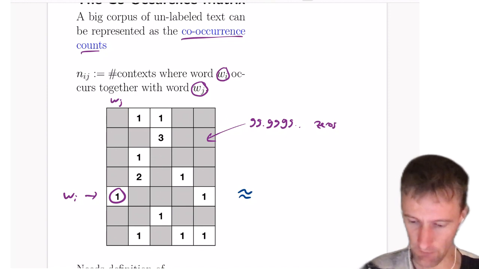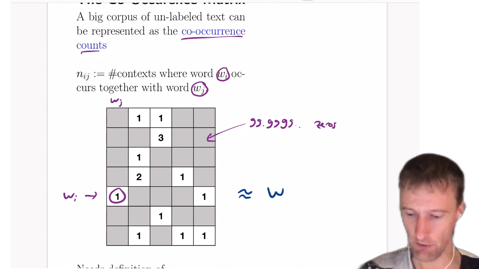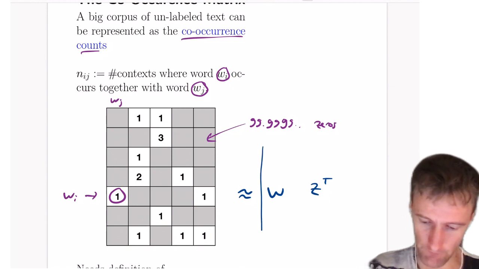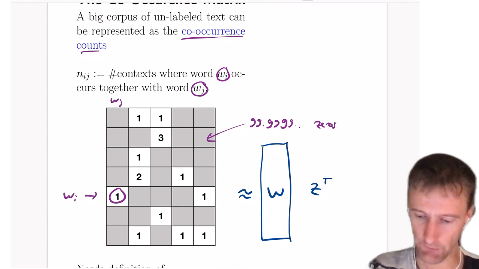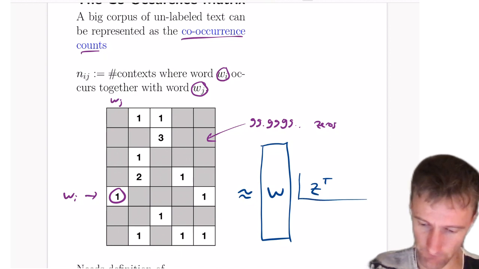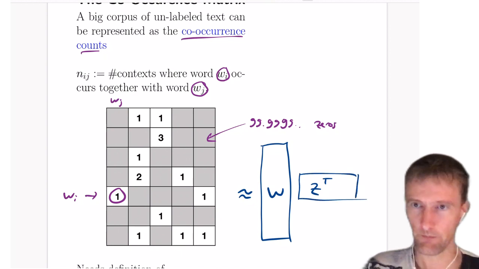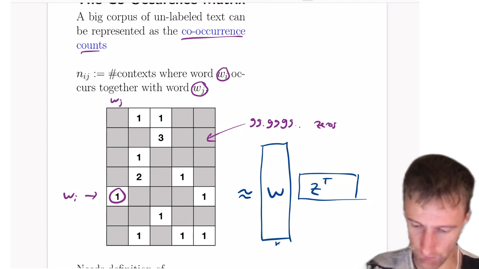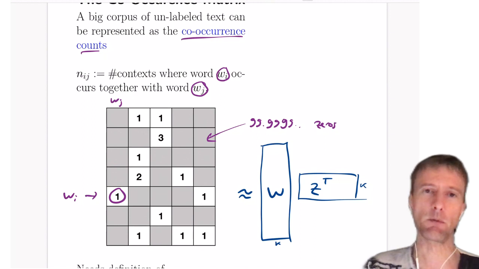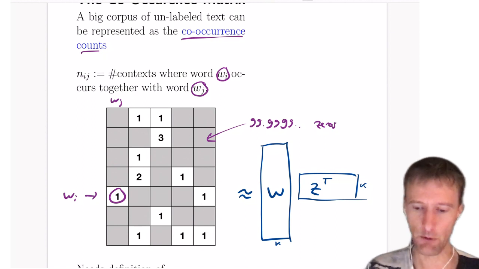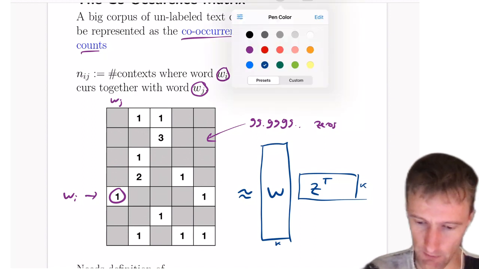Exactly the same way as in the Netflix prize, in the recommender system case. We will just factorize this matrix into a narrow matrix W and a narrow matrix Z. And again, we will use a small dimension K, which is the number of features that we generate or learn from this. So, and again, what's the point?